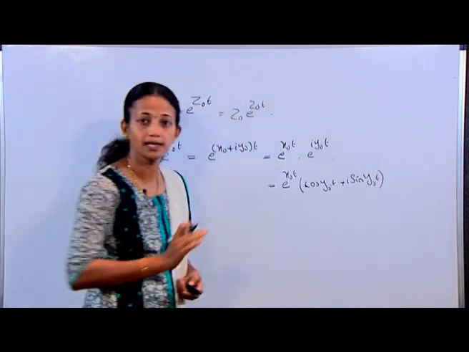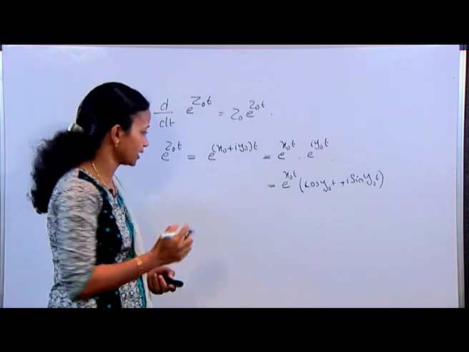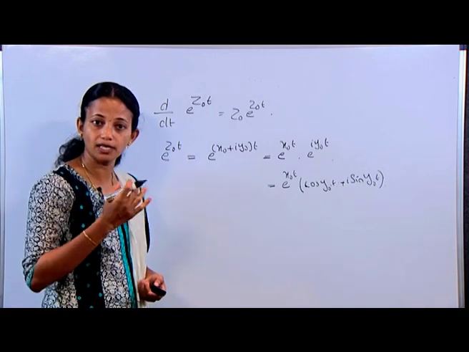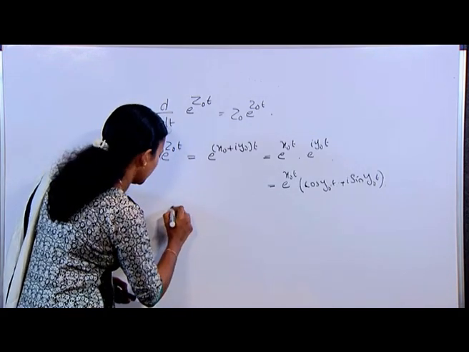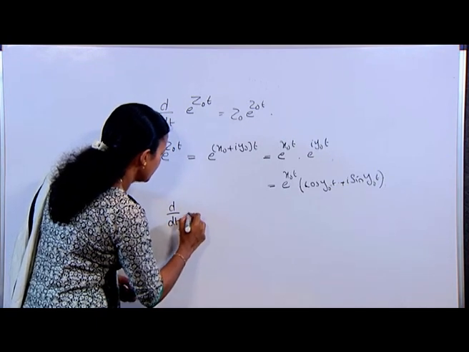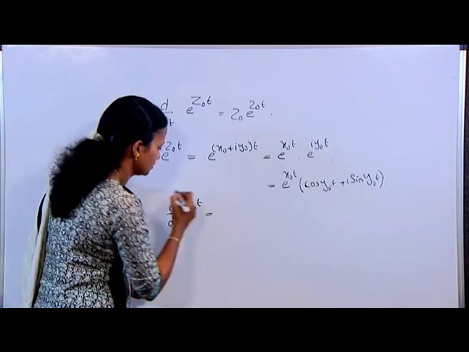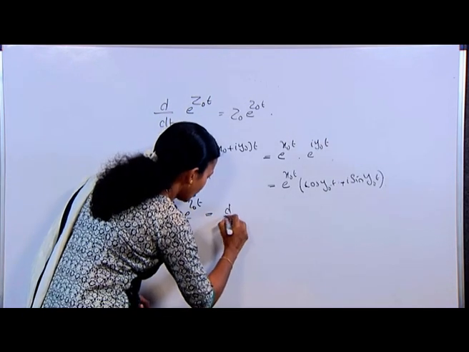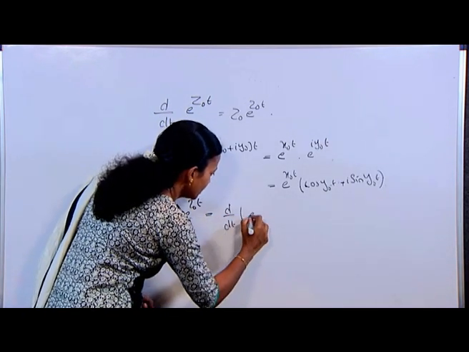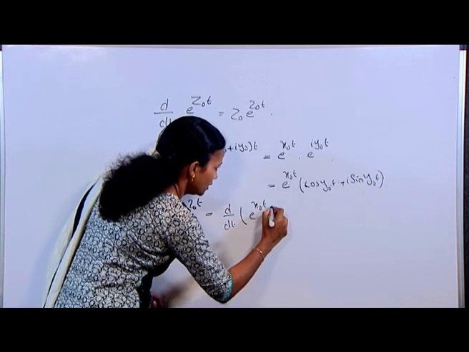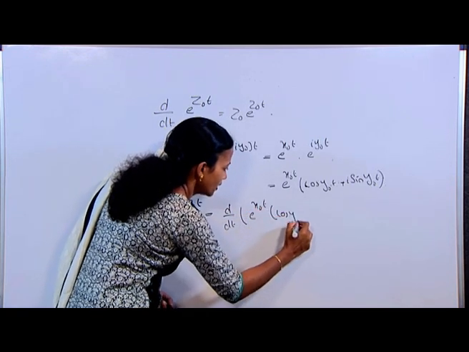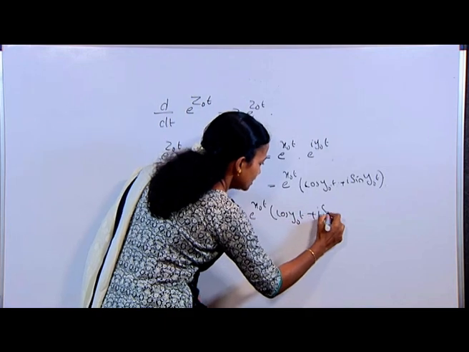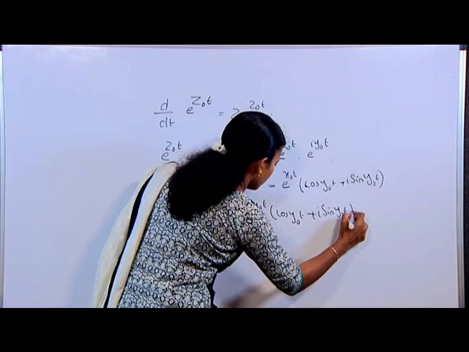This we have already discussed. Hence, I can write d/dt of e^(z0 t) as d/dt of e^(x0 t) into cos y0 t plus i sin y0 t.